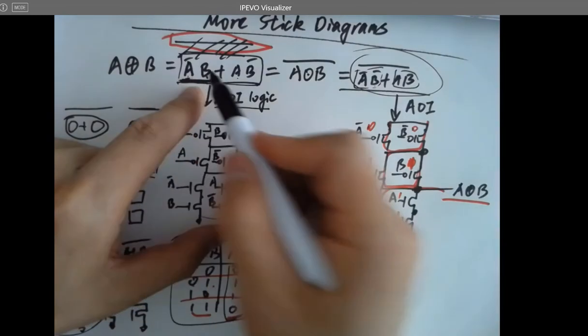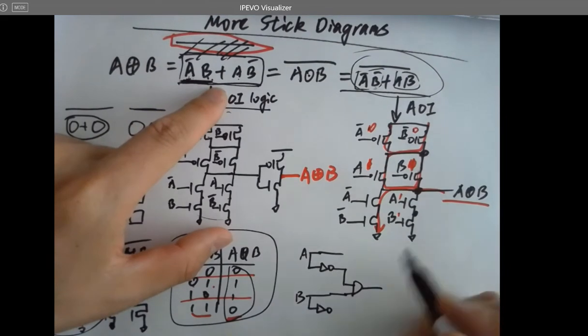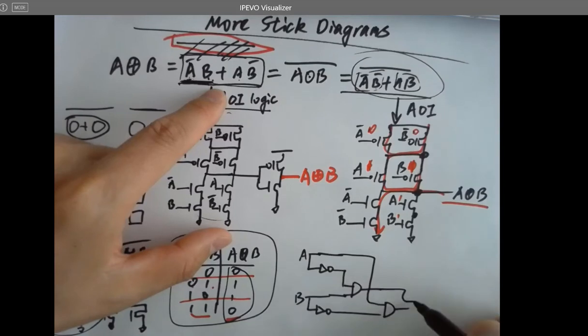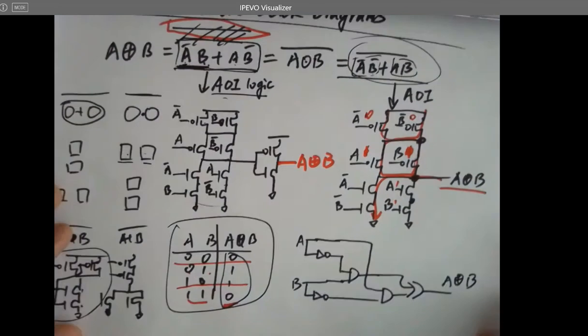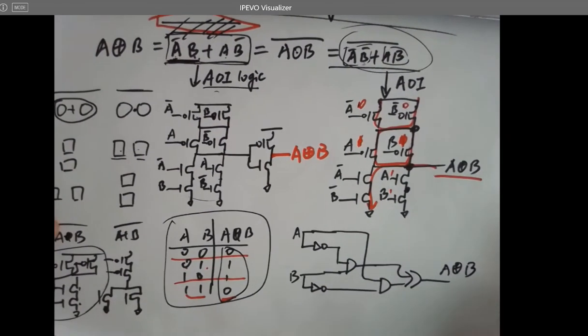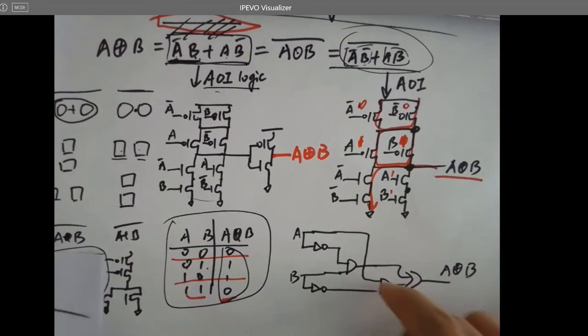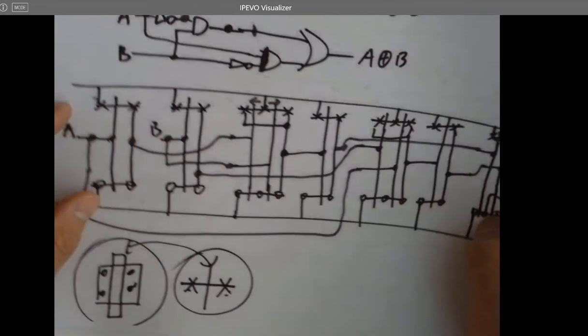So it's going to be A naught B go through an AND gate, and A B naught go through an AND gate, and then OR them, they can get A XOR B, right? That's the traditional way to do it. You can imagine, I mean, I don't want to do it again, but if I follow this one, just draw all the gates. So that's the layout.